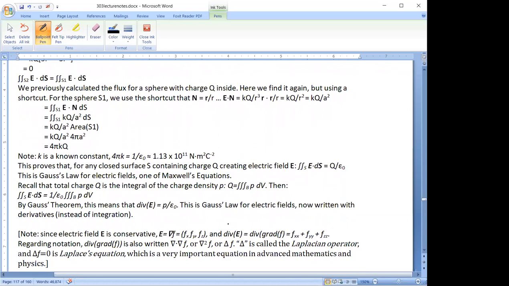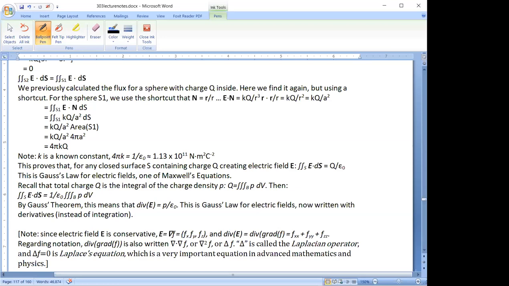Divergence is basically the gradient operator dotted with the vector field. So in other words, the divergence of E is just the divergence of the gradient of your function f, which when you calculate it out means you wind up with f_xx plus f_yy plus f_zz. Now another notation for this is we write div as grad dot, and grad is just grad, so it looks like grad dot grad f.